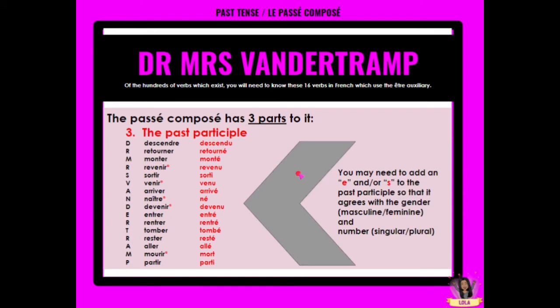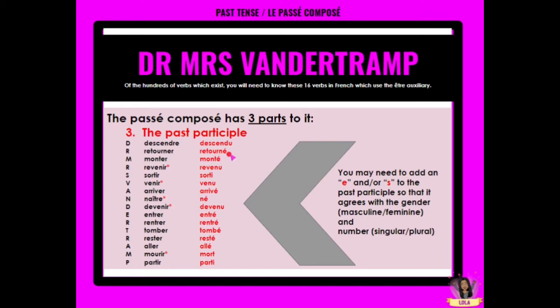So you may need to add an E or an S to the past participles here so that it agrees with the gender, whether it's masculine or feminine, or the number if it's singular or plural. So for example, if I am speaking about myself and I am feminine and I said, I returned from my trip, I would have to say, je suis retournée, just like this.